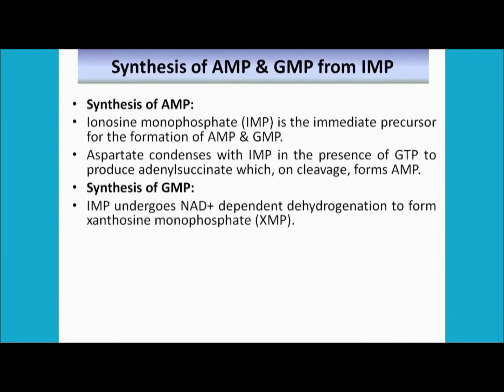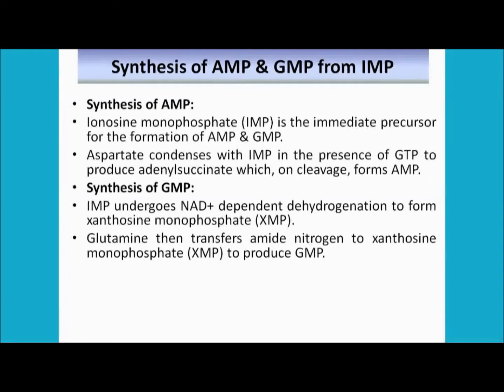Simply, the IMP will undergo one NAD dependent dehydrogenation to form the xanthosine monophosphate, which is also abbreviated as XMP, right? Then the glutamine transfers its amide nitrogen to the XMP to produce the GMP. So initially it forms the XMP, then the glutamine converts the XMP into the GMP, right?